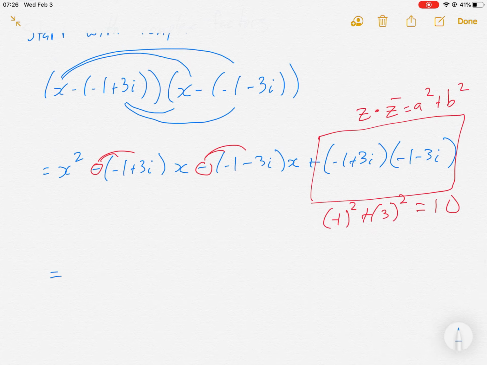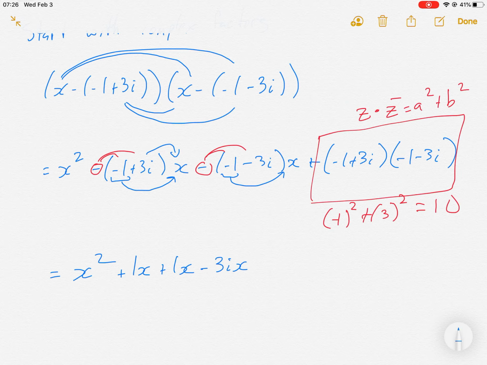So let's go ahead and clean this up just a little bit. I still have my x squared, but now I have plus 1x. So I took this, and then I have another plus 1x. And then I'm going to have a -3ix, which looks not great.